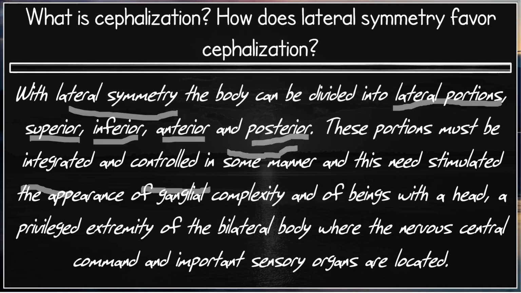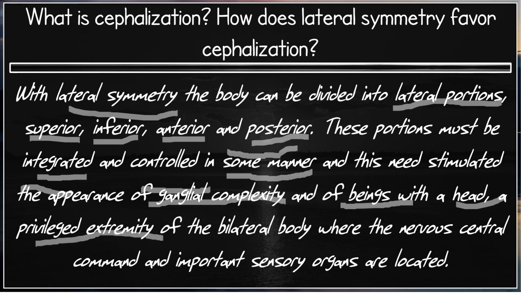These portions must be integrated and controlled in the same manner, and this stimulated the appearance of ganglion complexity and of beings with the head, a privileged extremity of the bilateral body, where the nervous central command and important sensory organs are located.